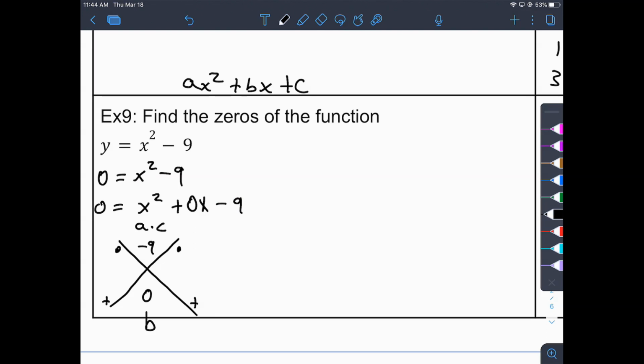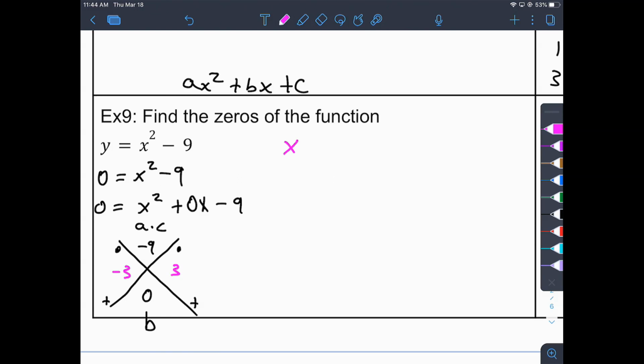The b value is a 0. So what two numbers, when multiplied, give me negative 9, but when added give me 0? Well, after a few minutes, you'd realize that it's negative 3 and positive 3. Negative 3 times positive 3 is indeed negative 9, but when added, they make 0.